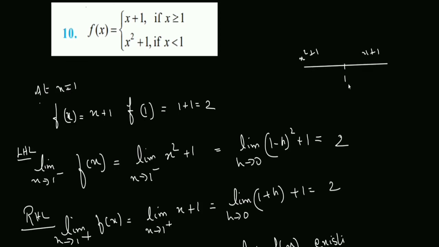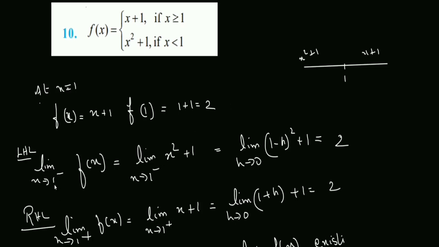So at 1 we have to check whether the function is continuous or not. First let us find the value of the function. At 1 the function is x plus 1, so substitute x as 1 and you get 2. The value of the function is 2.